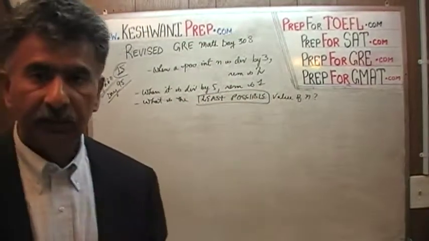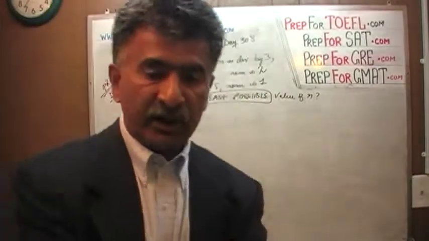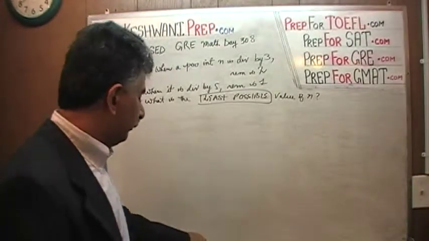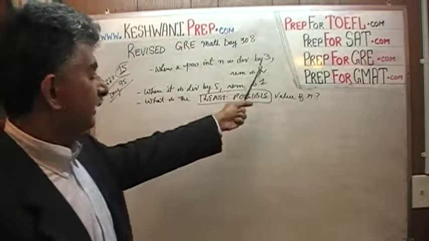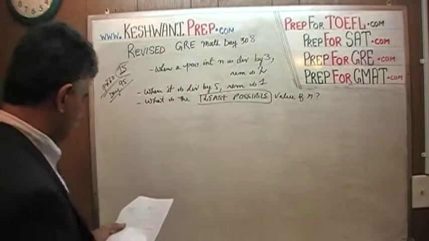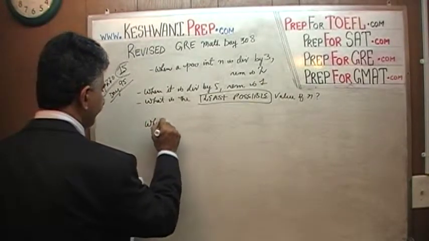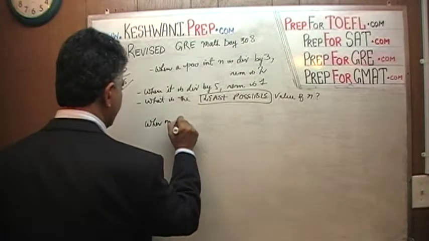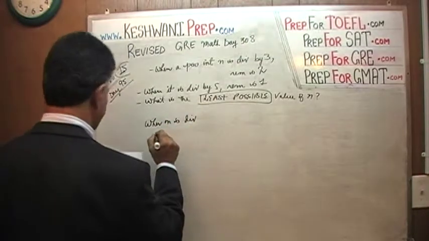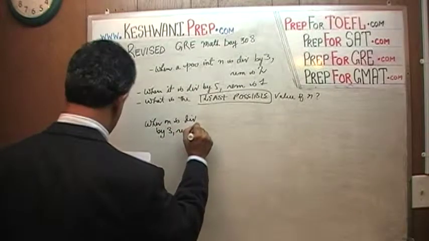In other words, there are infinite different values of n that will satisfy these two conditions. When n is divided by 3, the remainder is 2.